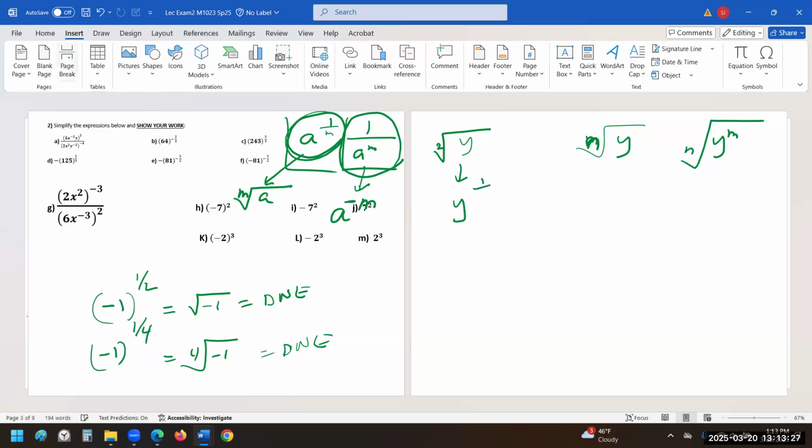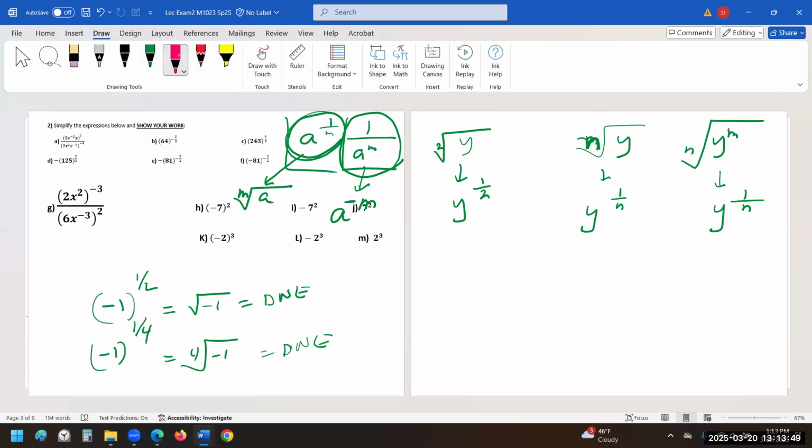So it's y to the 1/2. And now we do see a number, so it's y to the 1 over m. And this is also y to the 1 over m. But now our y doesn't have anything. It does have something. It has m as a power. So this 1 turns into m. When you don't have a power, you have an invisible 1 there. So every numerator is 1. But when you do have a visible power, that goes in the numerator instead of 1.